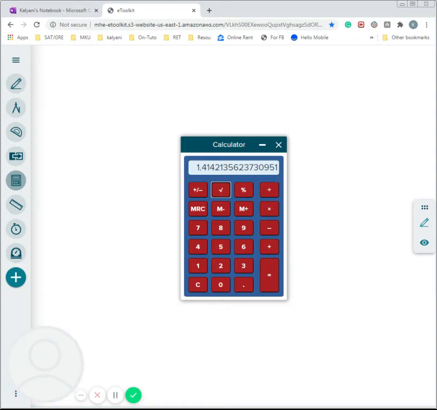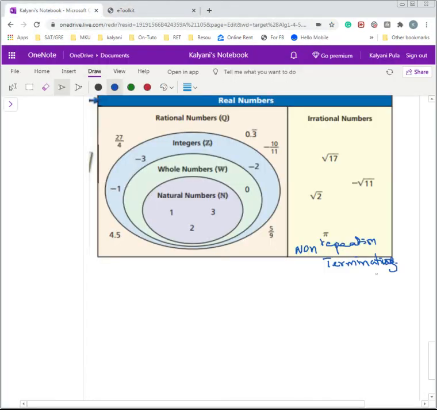Remember that. Pi is also irrational. That's right, pi is irrational.